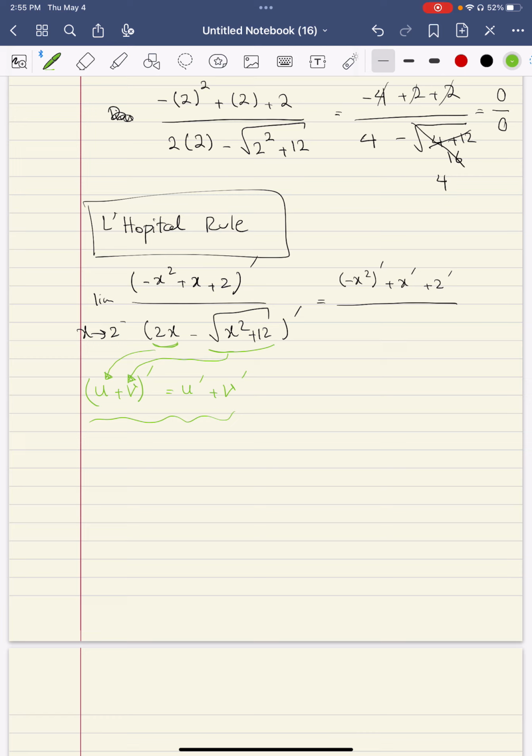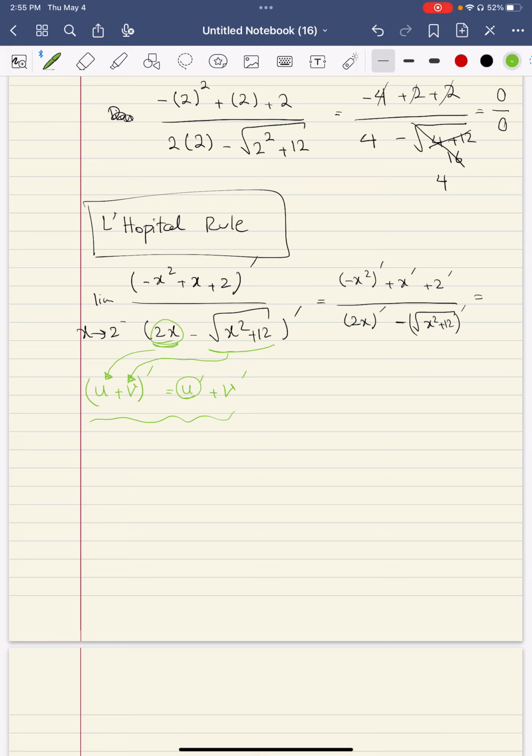So our u in here is 2x. So we have 2x prime, right? 2x is the u, so 2x prime, minus the v, which is root of x to the power of 2 plus 12. So it will be x to the power of 2 plus 12 prime.